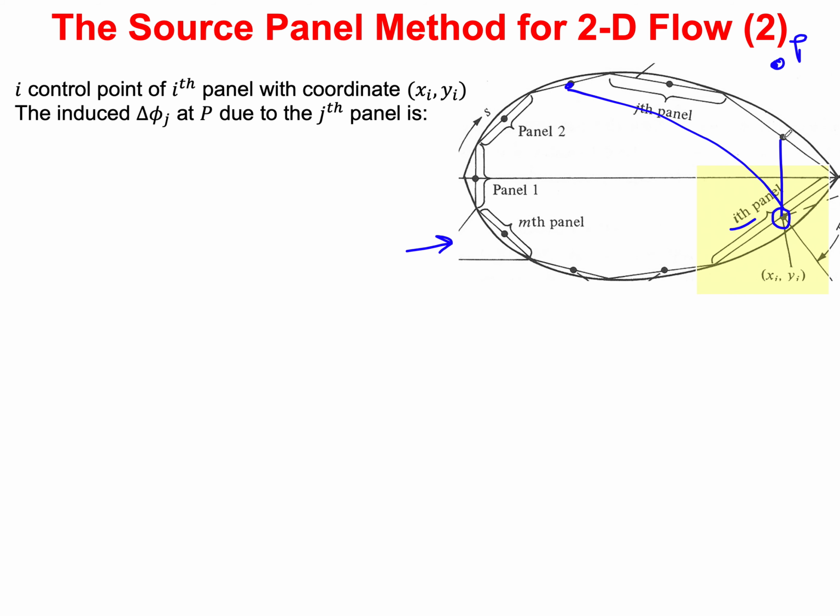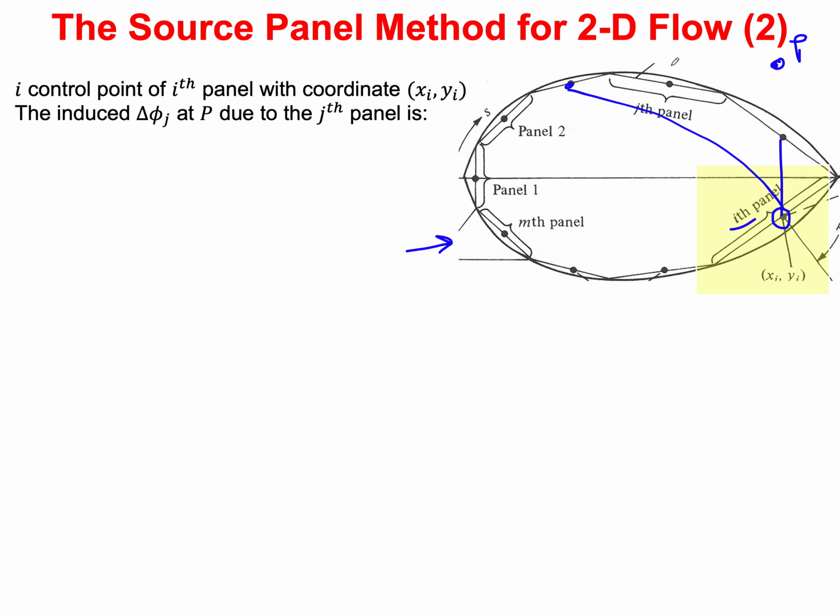And what I do next is also get the effect on the other panels. So because the lambda is unknown, I'm going to end up with n equations that describe the velocity at each panel from the contribution of every other panel as well as the free stream.